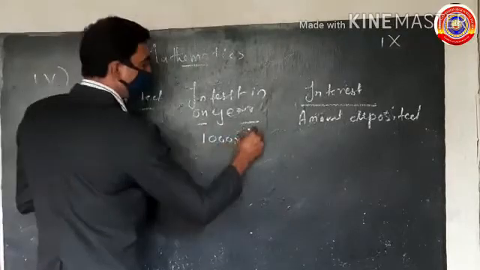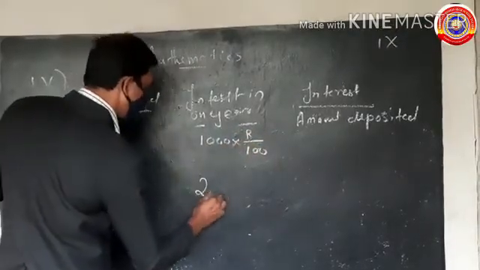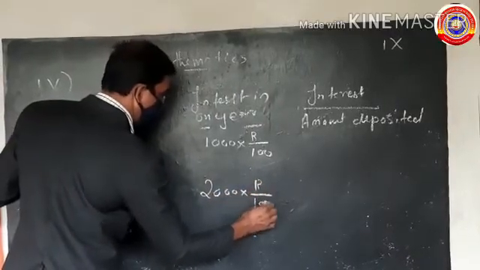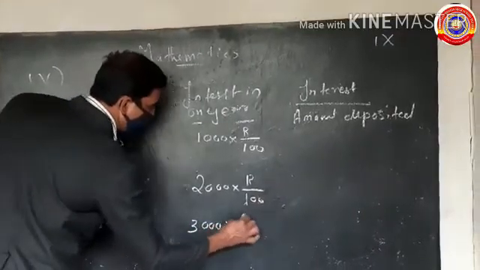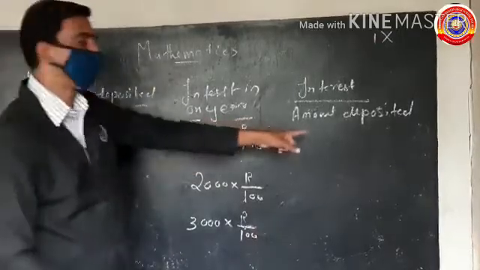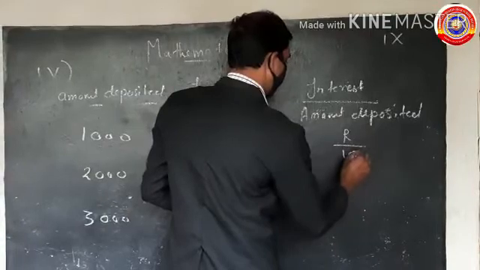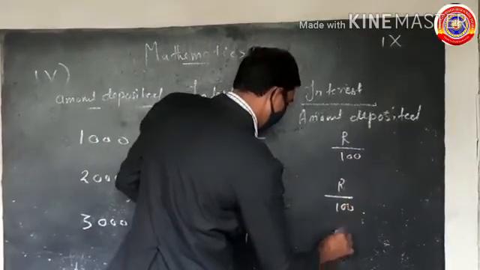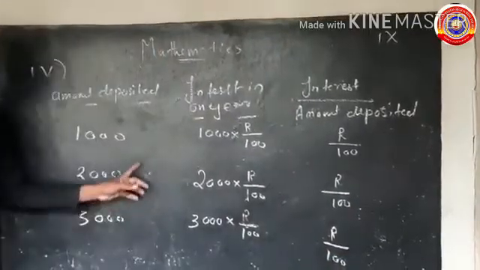Therefore, interest in 1 year is 1000 into R by 100, 2000 into R by 100 and 3000 into R by 100. Interest by the amount deposited is R by 100, R by 100 and R by 100.